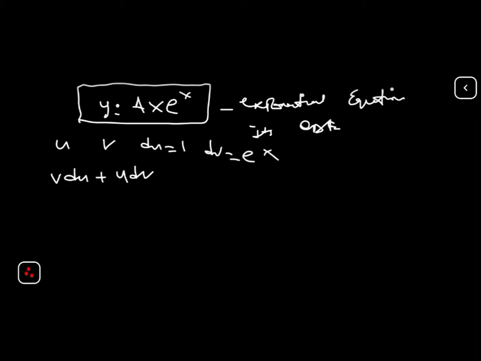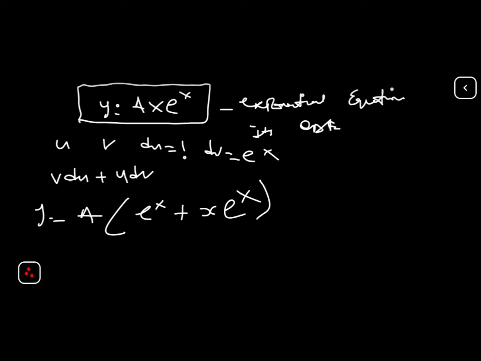So taking the derivative of this equation, we are going to have dy/dx equal to a, which is a constant, so we could just bring it out, times v, which is e to the x, and du is 1, plus u, which is x, and dv is also e to the x. All right, so this is basically what we have.